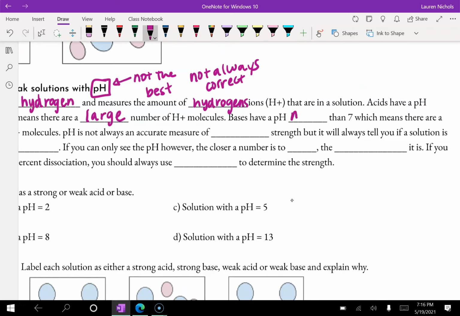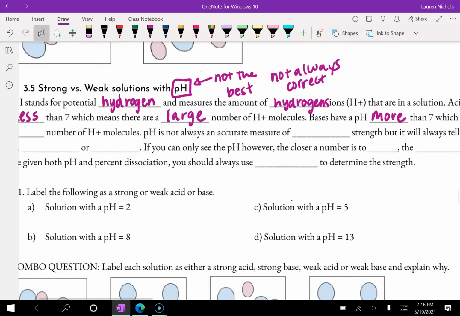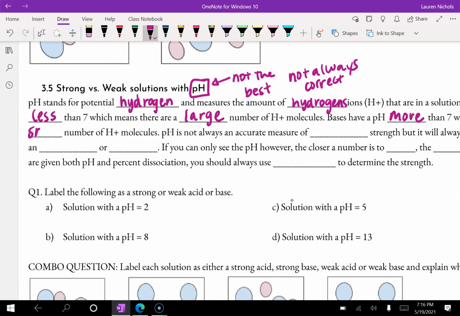Bases have a pH more than 7, which means that there are a small number of H+ molecules.